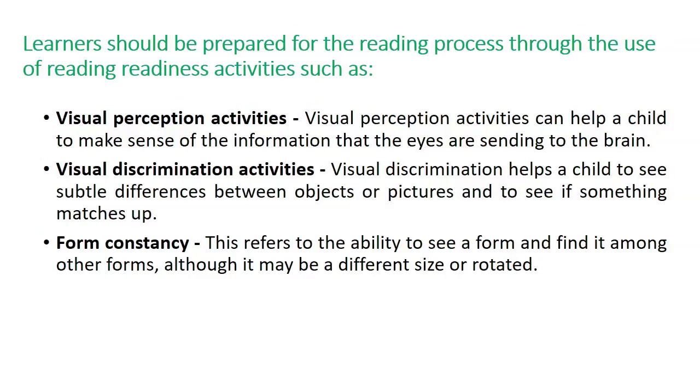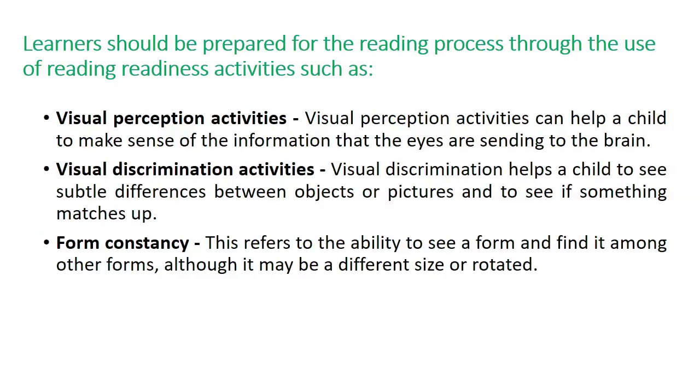So learners need to be prepared for the reading process through the use of reading readiness activities. Each of these activities, we'll see in your study guide, there's a whole list of different activities for each one, and it's important that you also read through some of those examples. So we have our visual perception activities.